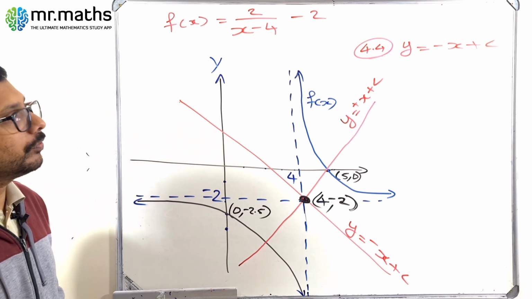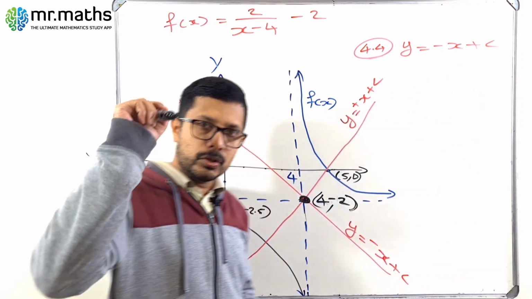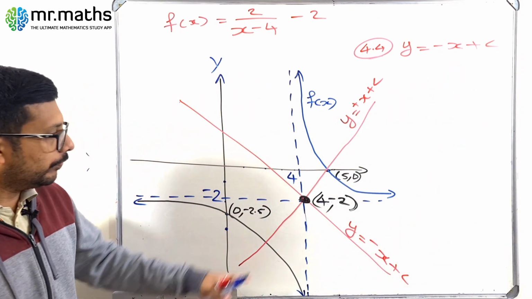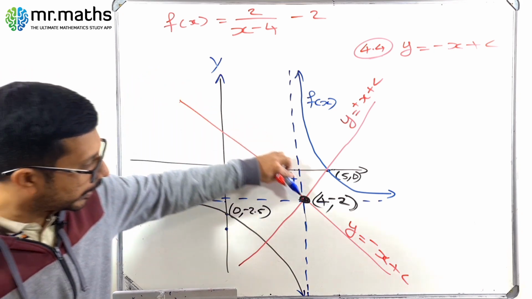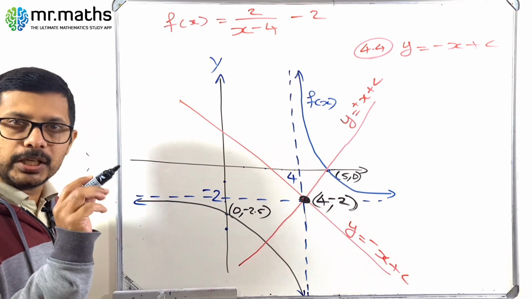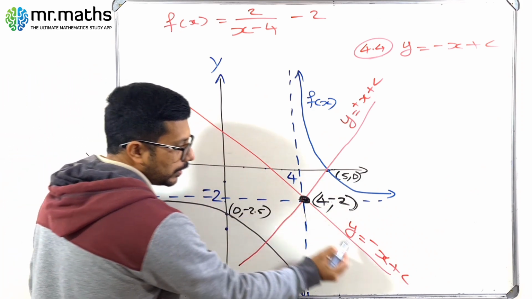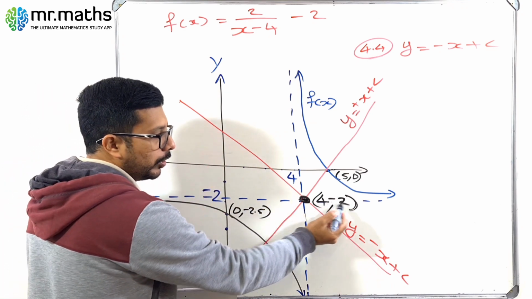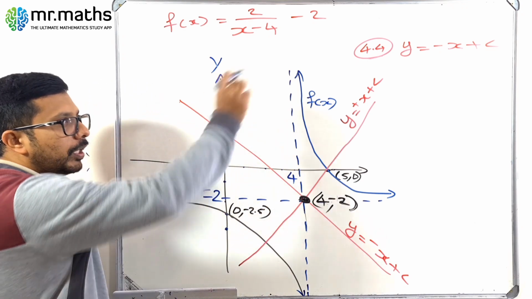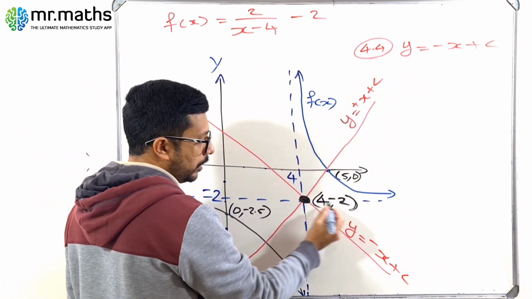Okay, so here we have to find the equation of the axis of symmetry having a negative gradient, y is equal to minus x plus c, and we know one point on this line, 4 comma minus 2. So what can we do with that point? We can substitute it in that equation. What is y at this point?